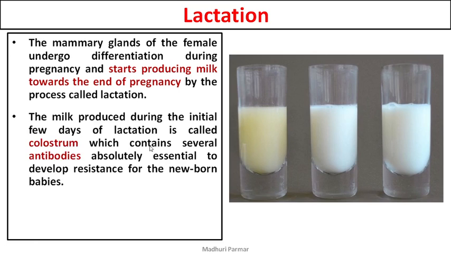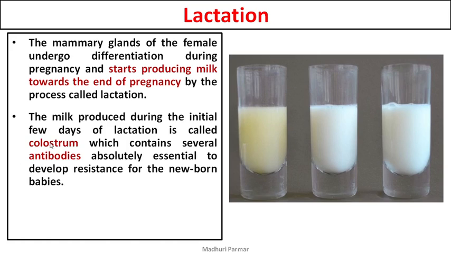The milk produced during the initial few days of lactation is called colostrum. This colostrum is thick in nature. It is quite thick milk, and it consists of various antibodies. These are maternal antibodies which are transferred to the baby.